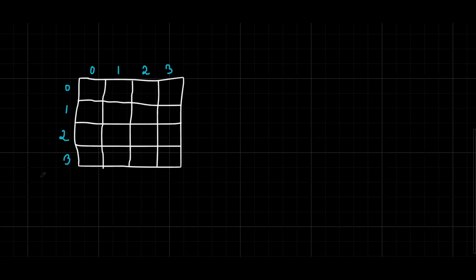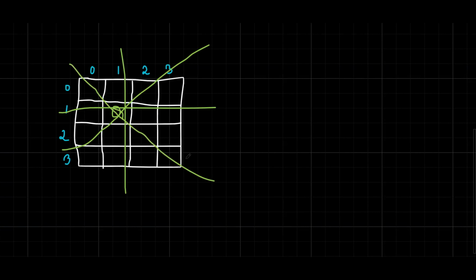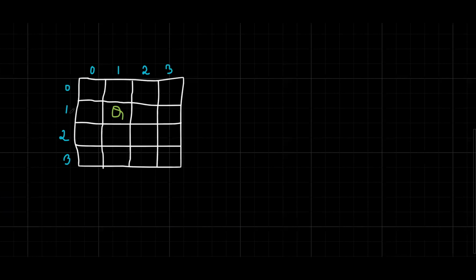At first, we have to understand the working procedure of the queen placement. If we place any queen in a cell, then we cannot place any other queen in the same row, in the same column, in the same positive diagonal, and in the same negative diagonal. So a queen can attack a cell if the cell is in the same row, the same column, the same positive diagonal, or the negative diagonal.